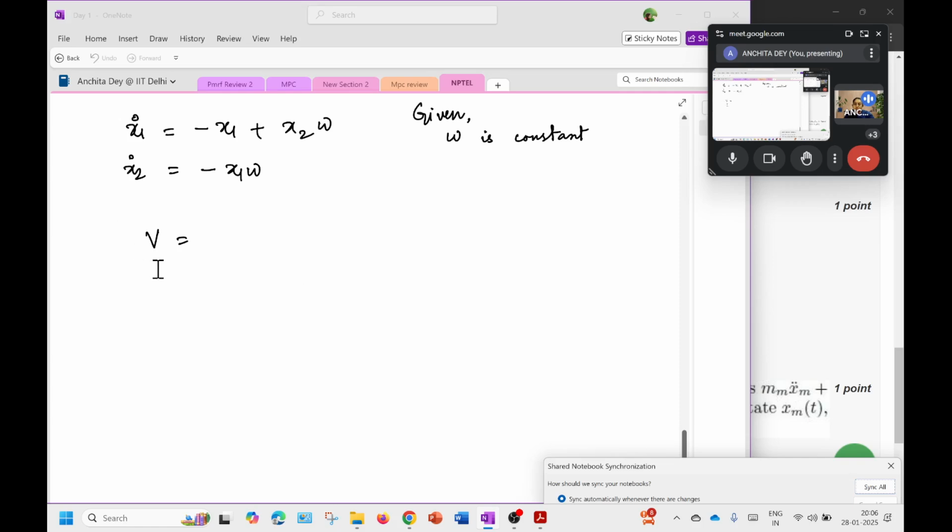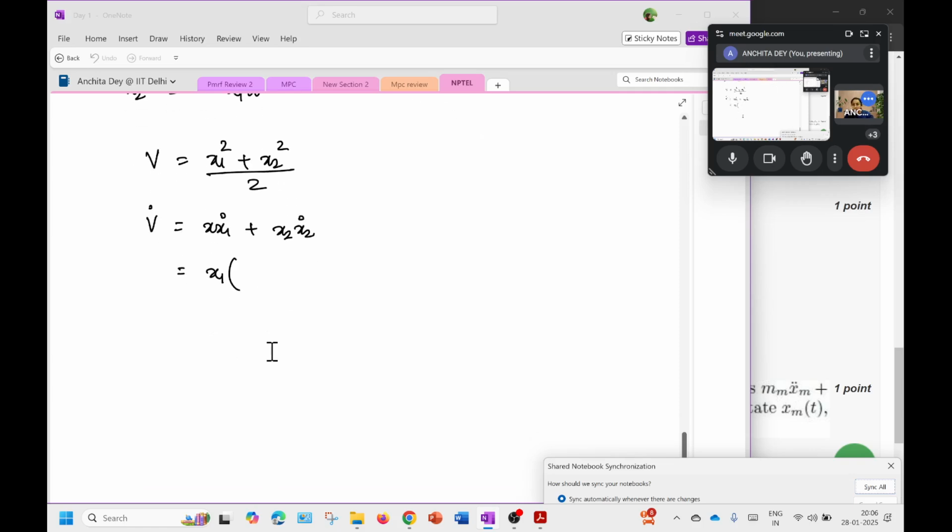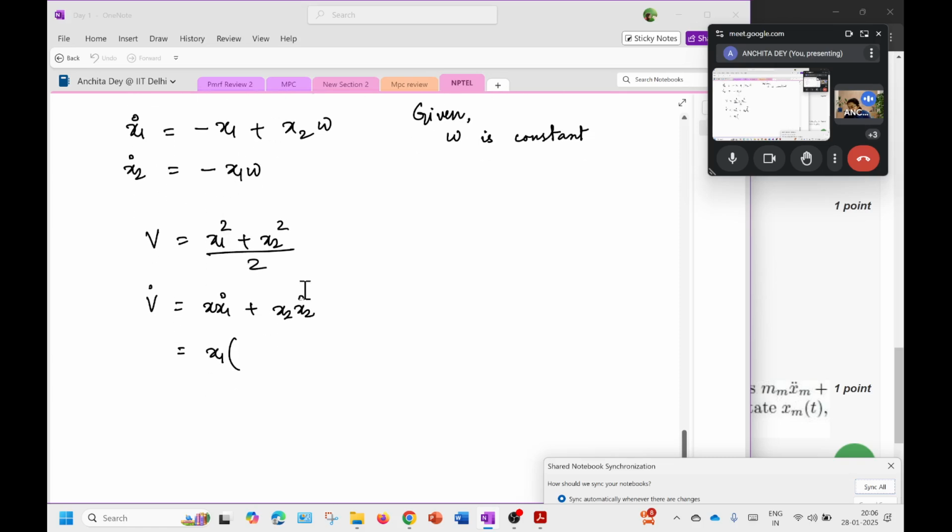If I differentiate v with respect to time, I have v dot, which is x1 dot plus x2 dot. And then if I replace the dynamics here, I have minus x1 plus x2w plus x2 into minus x1w, which would be simply minus x1 square, right? So now you can tell me where it appears.